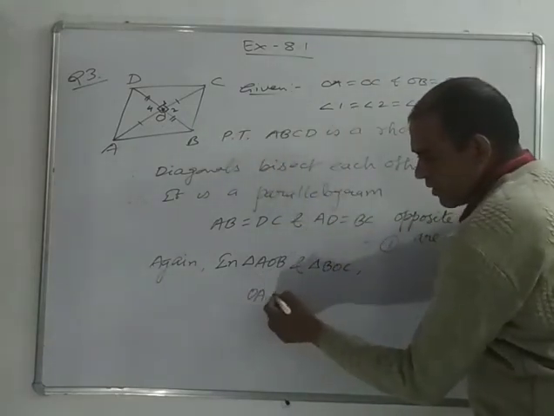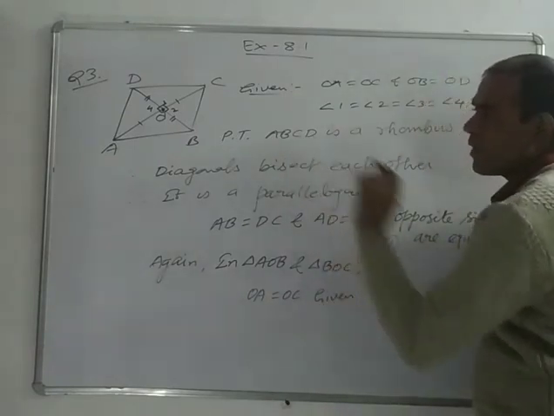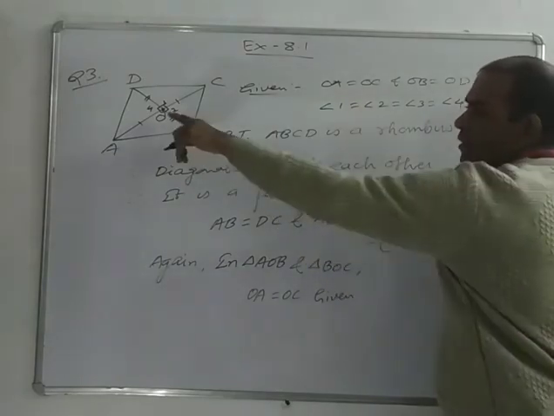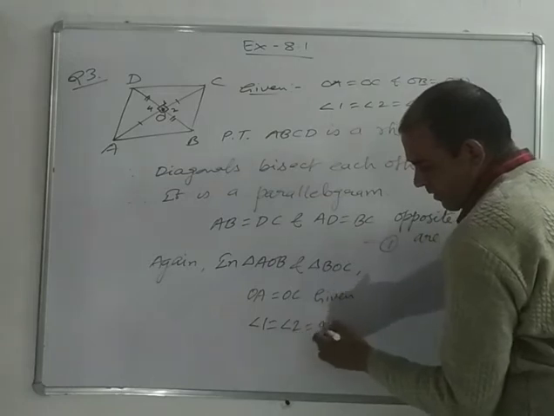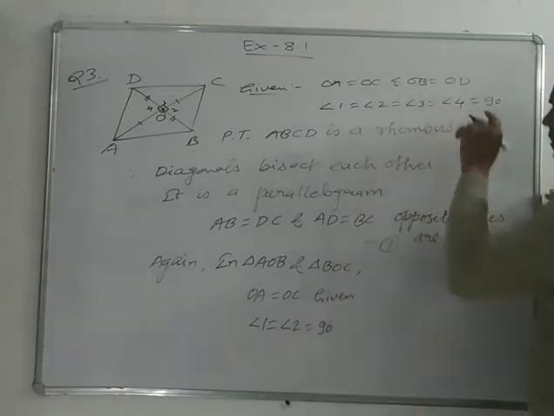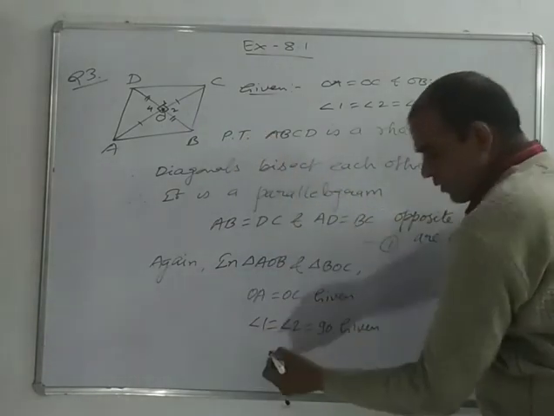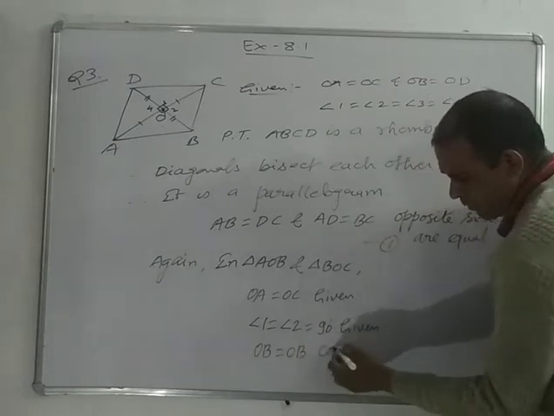OA equal to OC is given, diagonals bisect each other. Angle 1 equal to angle 2, both are 90 degrees, it is also given. And OB equal to OB, common.